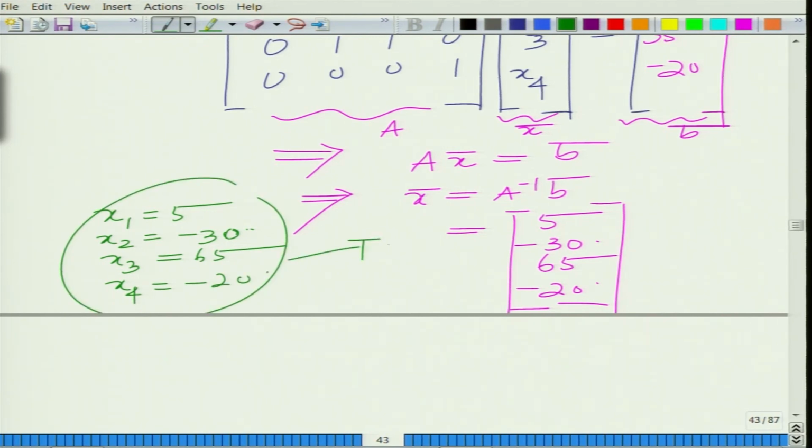So, these are basically your traffic flow. So, you can check and verify these things, all right.